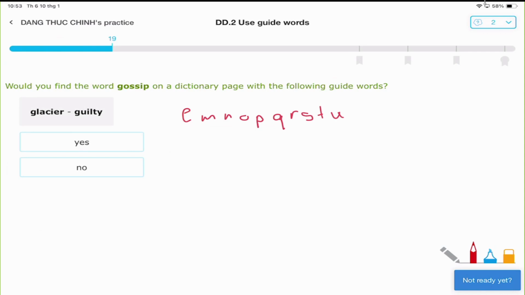Let's look if there is an O in between this. Oh yeah, we already found O here. So we would definitely find gossips on a dictionary page between these two words. So yes.